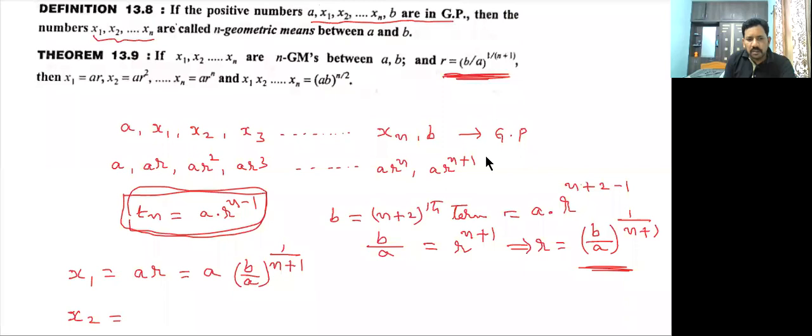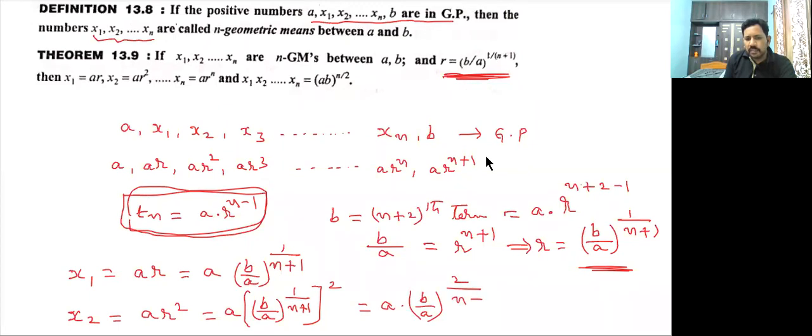AR squared, that is A into (B by A) whole power 1 by n plus 1 whole squared. We can write this as A into (B by A) whole power 2 by n plus 1.